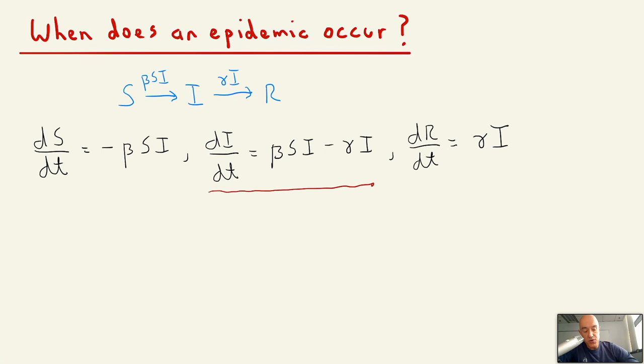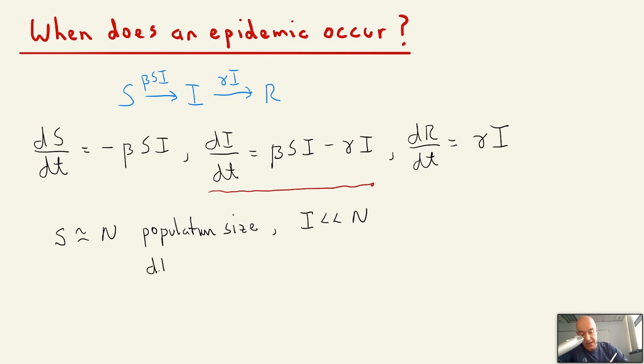Okay, so we know that S is approximately N, which is the population size that we're considering. Everybody is susceptible. And I, the number of infectives, is much less than the population size. Okay, so we use this equation.